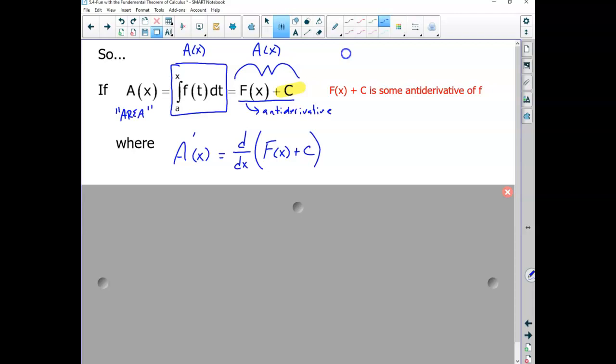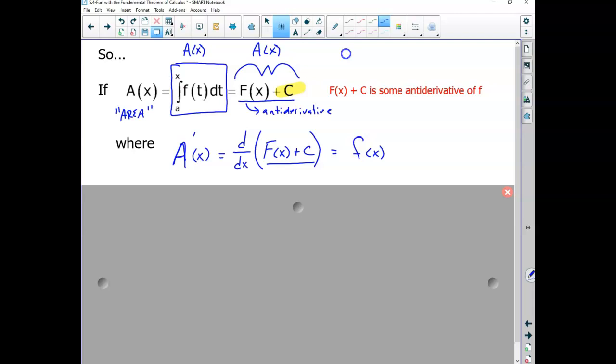If I took the derivative of my area function, we found that it equaled a little f with an x in it. So if I took the derivative of my big F function, my antiderivative, it really didn't matter what that constant was, because when I took the derivative of it, it went away.